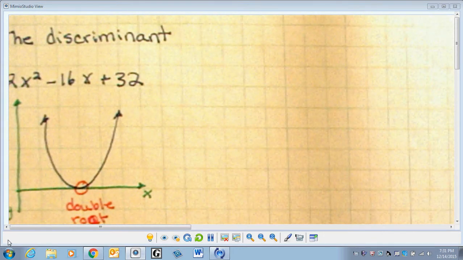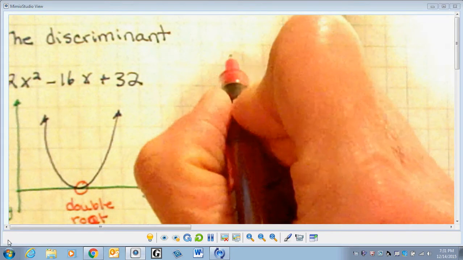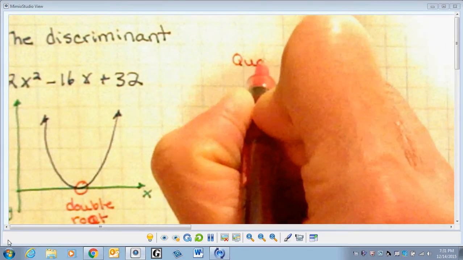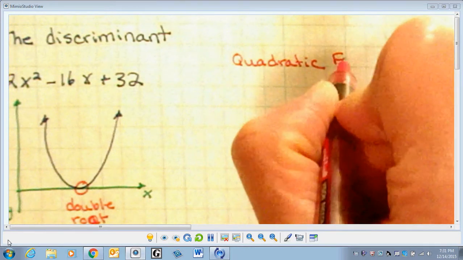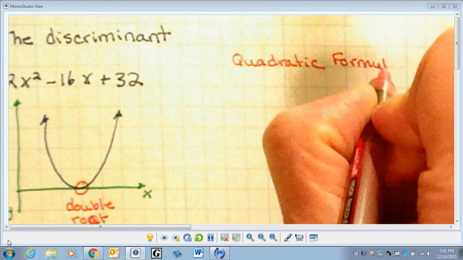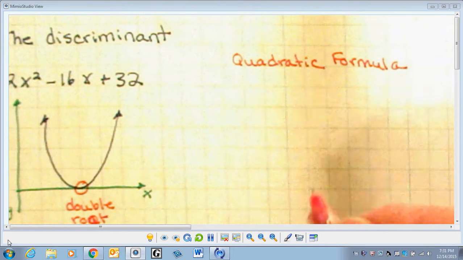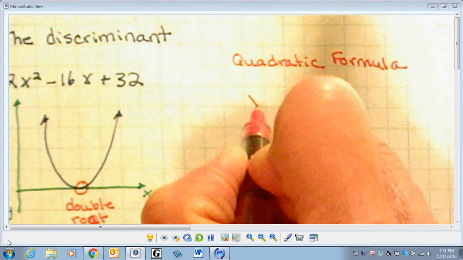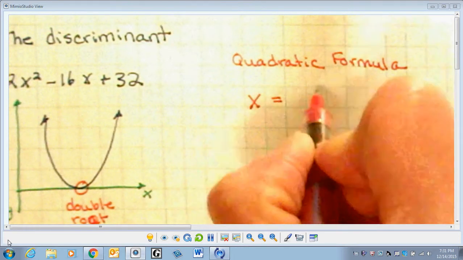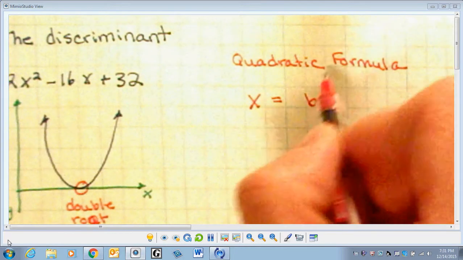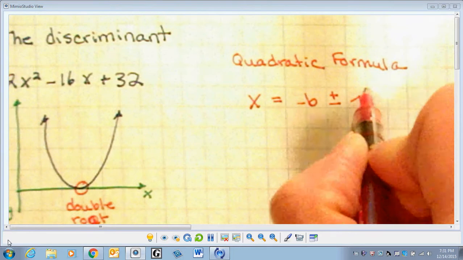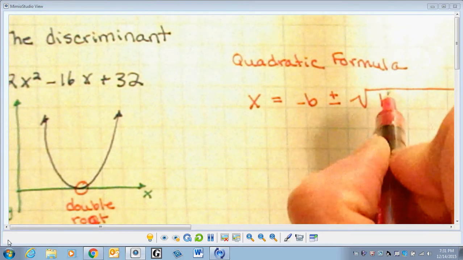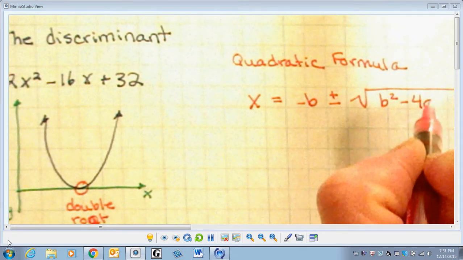So the discriminant comes from the quadratic formula. So what is the quadratic formula? The quadratic formula is where x equals negative b plus or minus the square root of b squared minus 4ac.